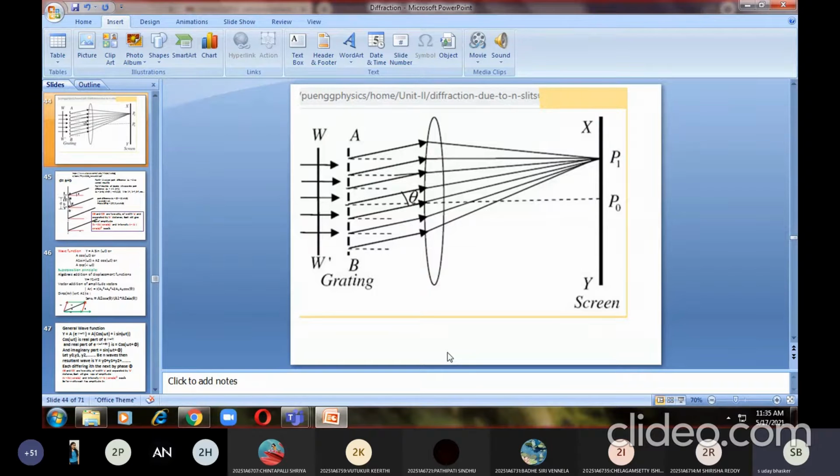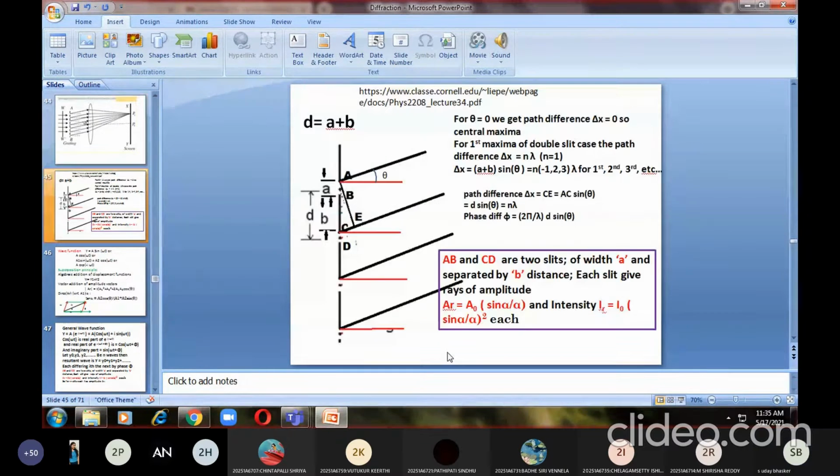I want to know whether P1 is dark or bright. To know that, I need to know the total amplitude at P1 because of the superposition of all these N waves coming out from N slits. That is what I will try to find out.